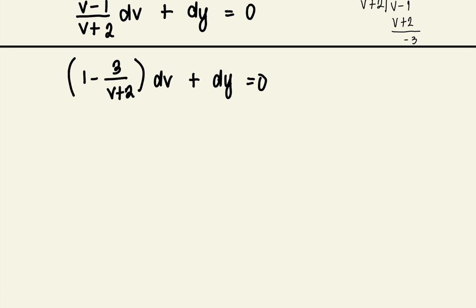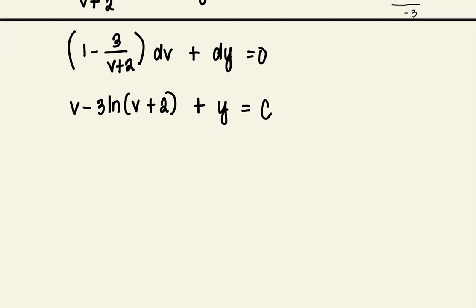And so upon integration, we have v minus 3 ln of (v plus 2) plus y equals c.